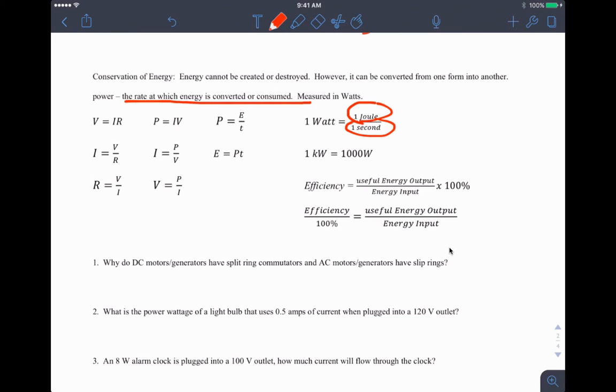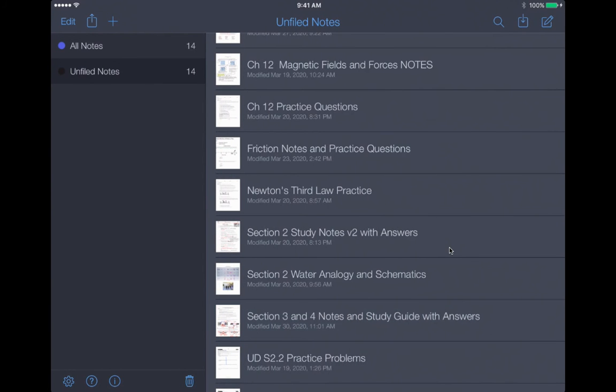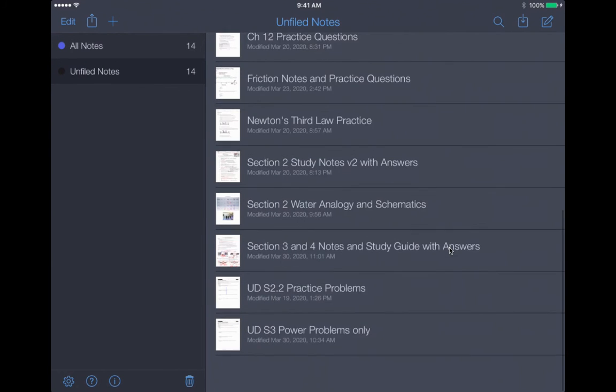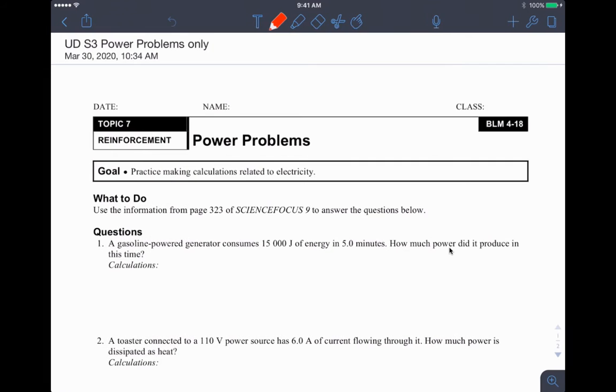So what you need to familiarize yourself with are two formulas that deal with power. Power is equal to current times voltage, or you can also say that power is equal to energy divided by time. And for some quick practice, I'm going to switch documents here, and I'll do a couple of these with you because this was one of the practice questions.